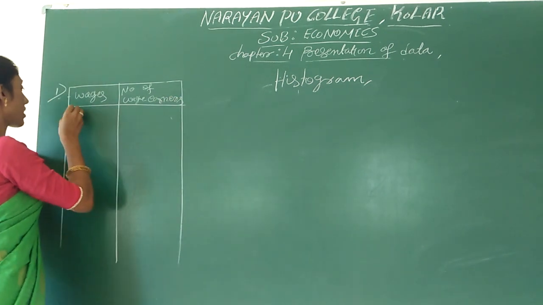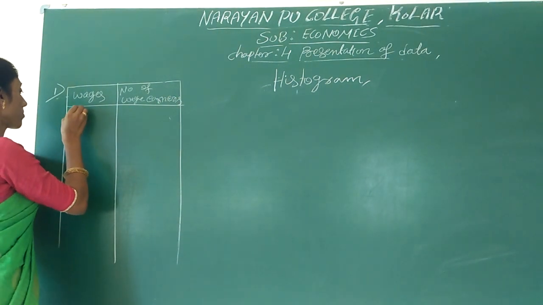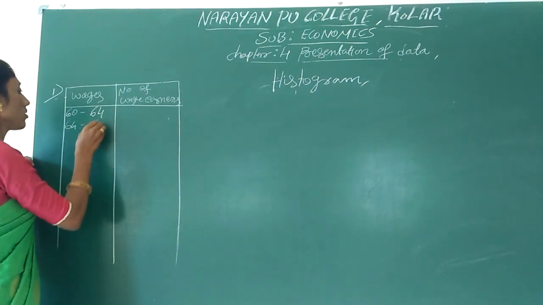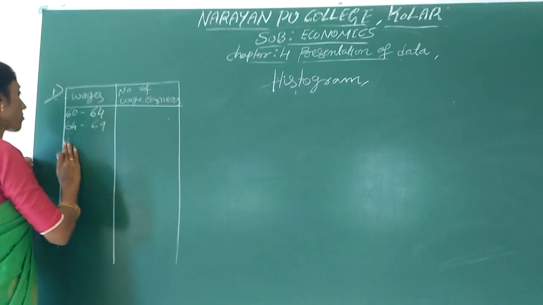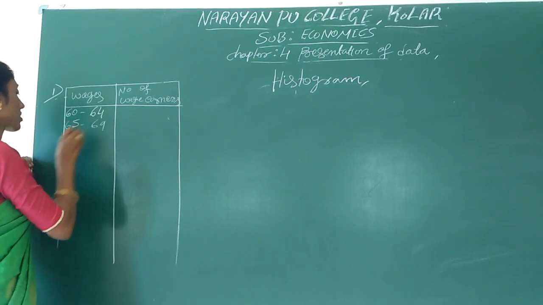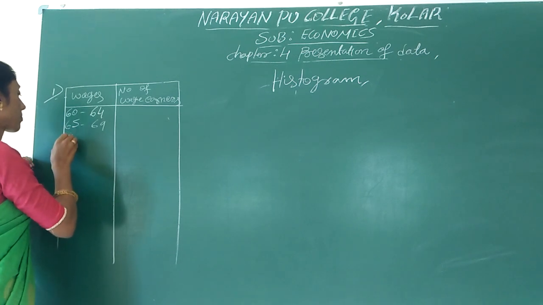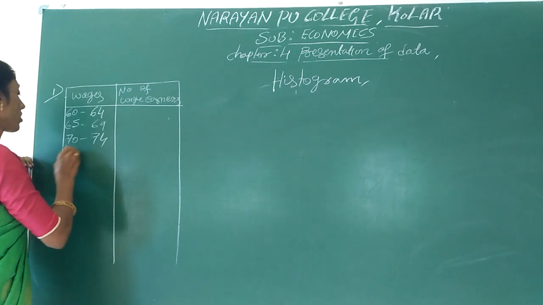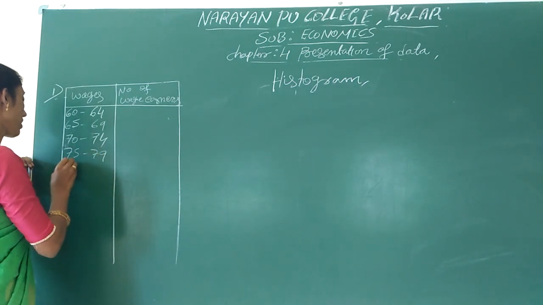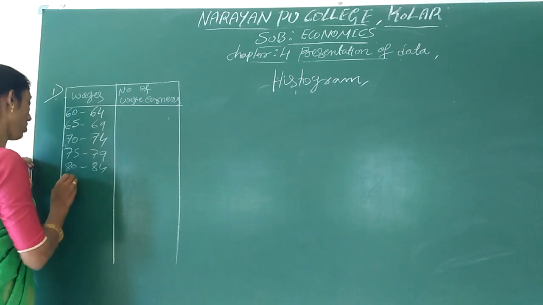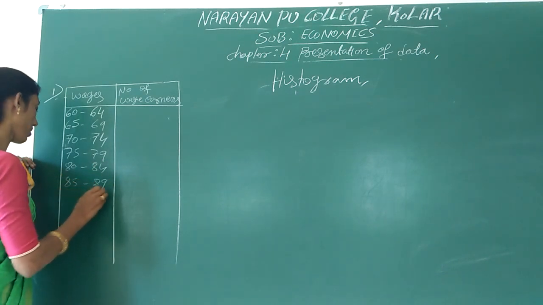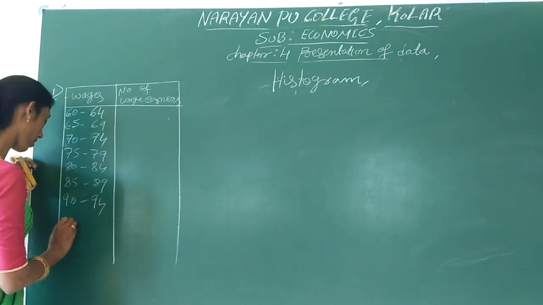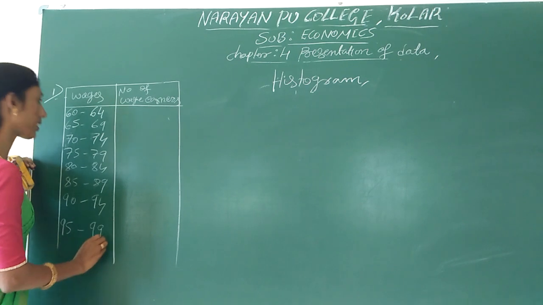Your wages start from 60 to 64, 65 to 69, 70 to 74, 75 to 79, 80 to 84, 85 to 89, 90 to 94, 95 to 99.